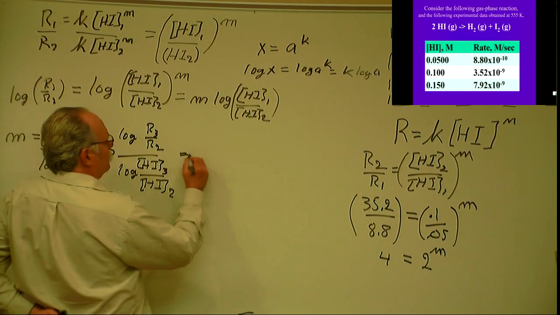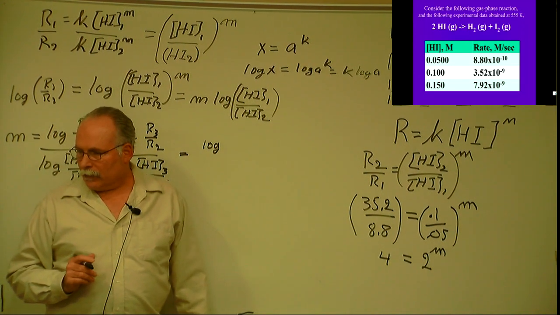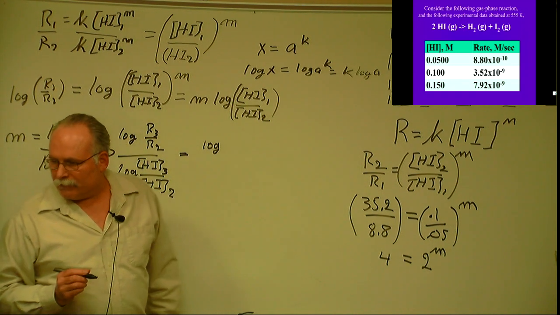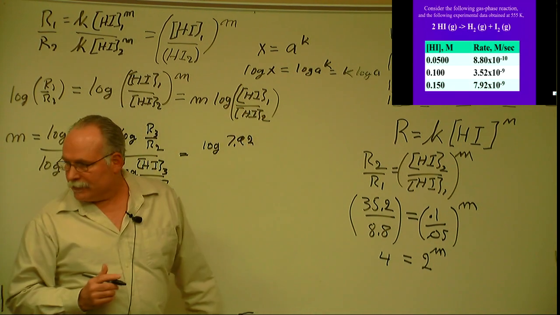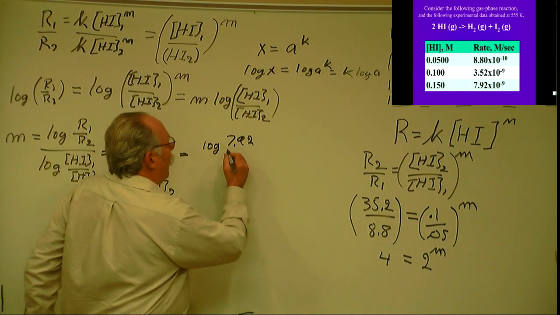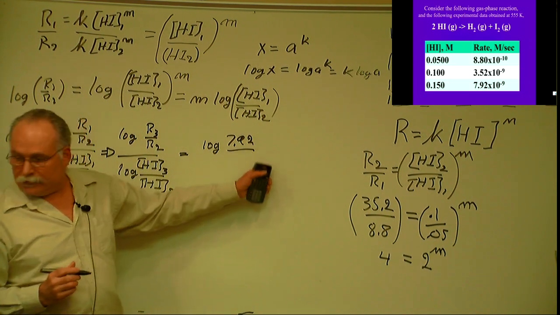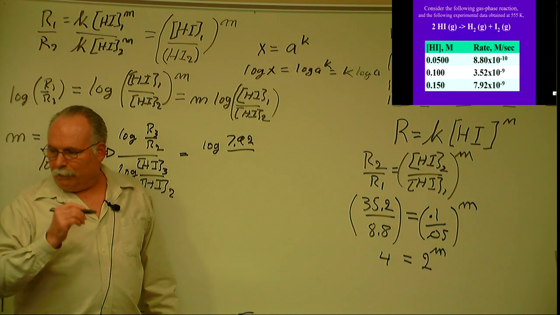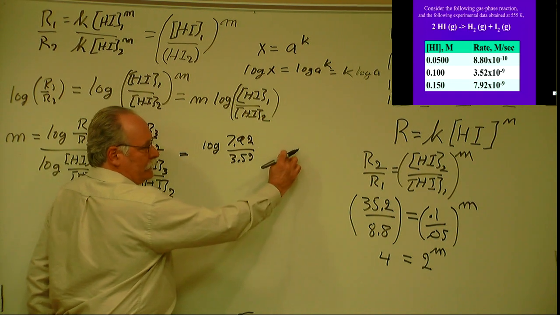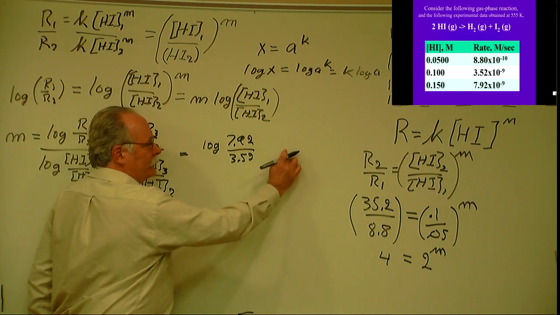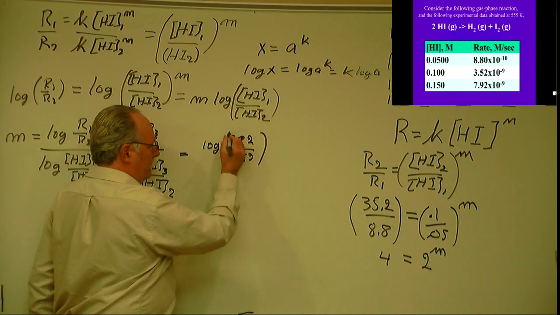So this becomes the log of R3. So that's 7.92 times 10 to the minus 9 divided by R2, so R3 over R2, which is 3.52 times 10 to the minus 9, but the 10 to the minus 9 over the 10 to the minus 9 cancels, so I'm just going to keep my board clear here.